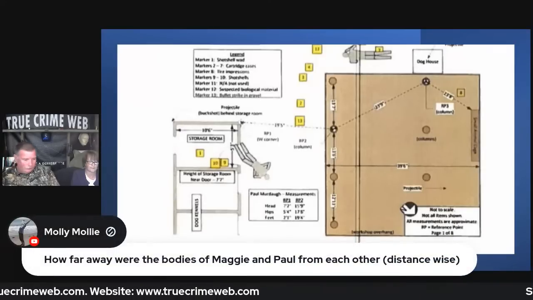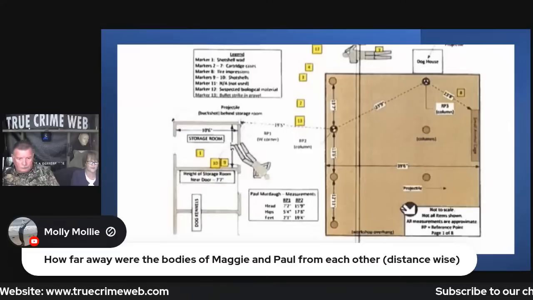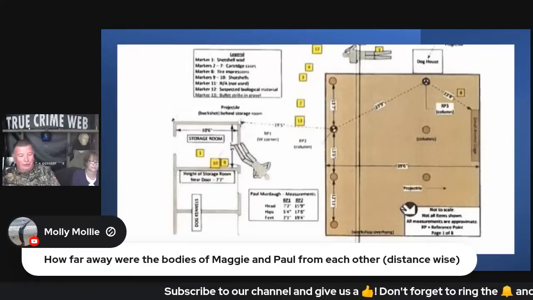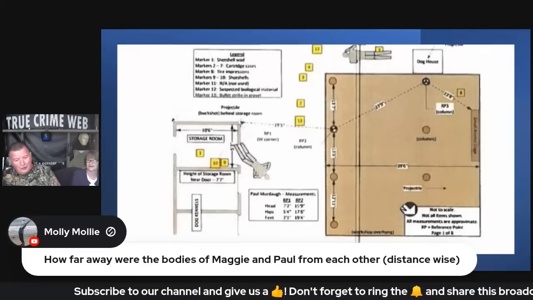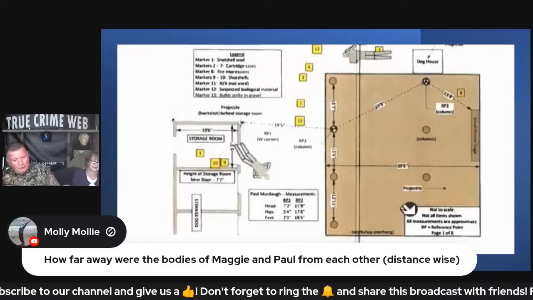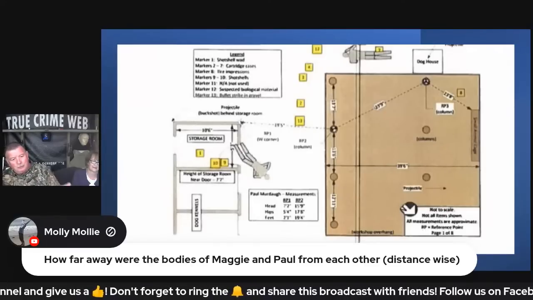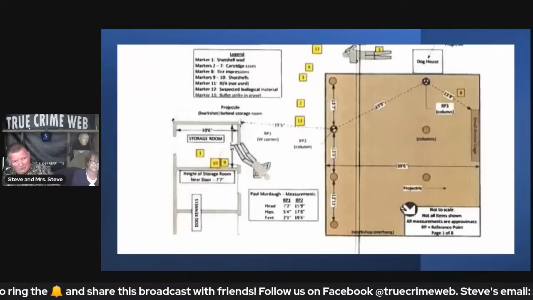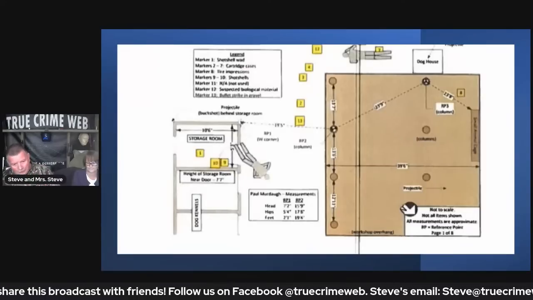All right. And Molly, how far away were the bodies of Maggie and Paul from each other distance wise? Well, in this diagram, that's not to scale. We see some measurements that the distance between the kennel to the building looks like it's like 19 feet. My eyes are not as good.